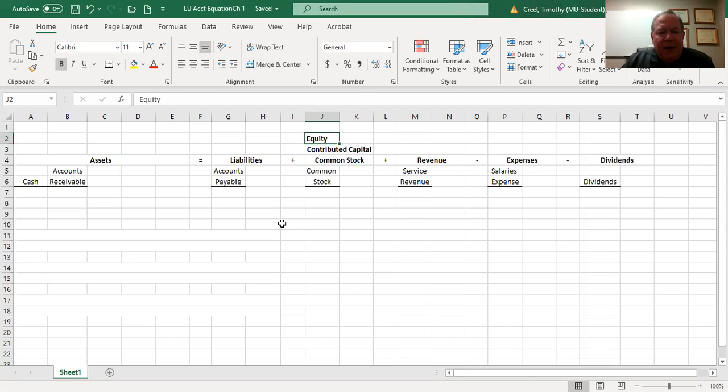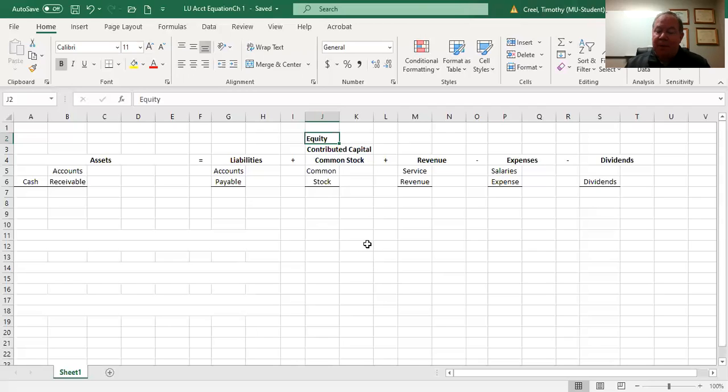Now, a couple of other things I wanted to mention real quick. Of all of these different assets and liabilities and equity, there are going to be transactions that take place, and transactions are recorded to accounts. And accounts are basically named after whatever they represent.